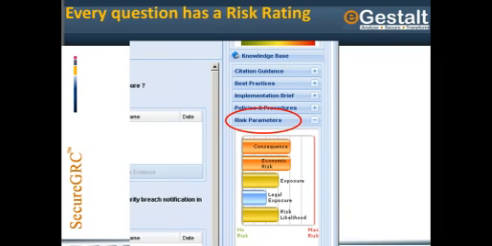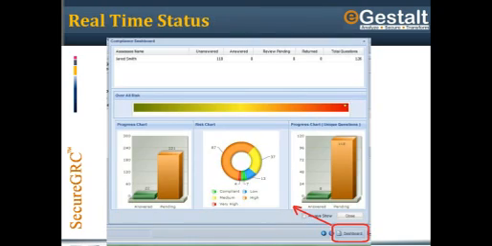There's also a built-in risk model in the tool that is associated with every question, every citation, and then an overall risk rating can be generated based on the end user's answers. This gives the business a complete overview of where they stand, and what risk level the business is at any point in time.